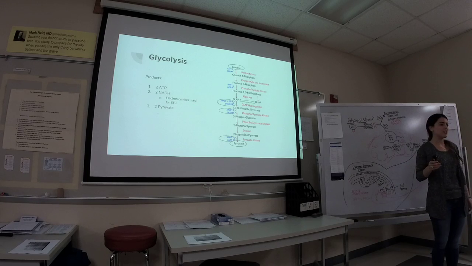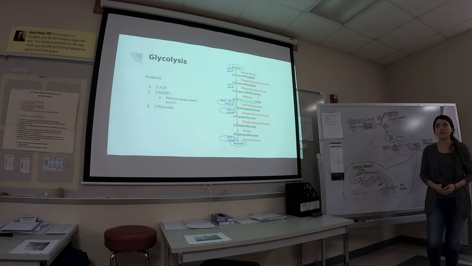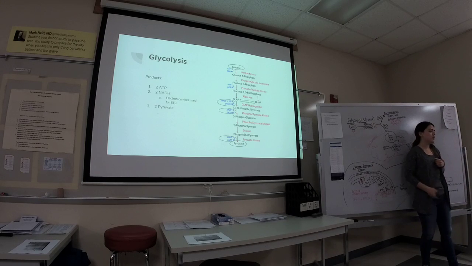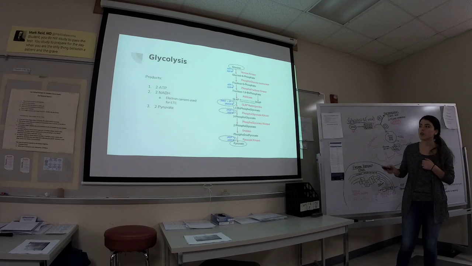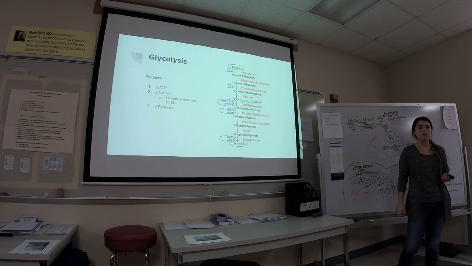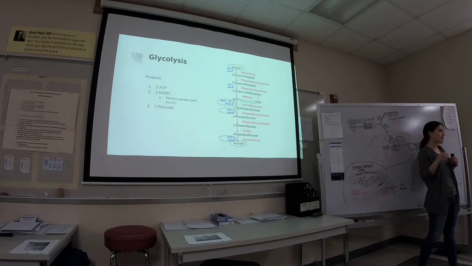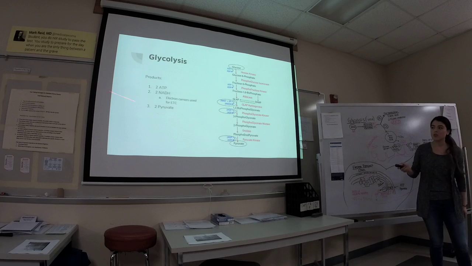Have you guys heard NADH, FADH2 in biology before? All you have to know is that they carry electrons, and that electron is that hydrogen. So with NADH, once it gives off an electron, it becomes NAD plus because that H is being removed. And then 2 pyruvate, which is at the very end of glycolysis.